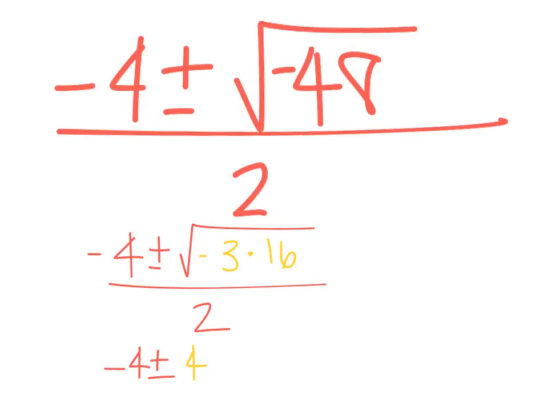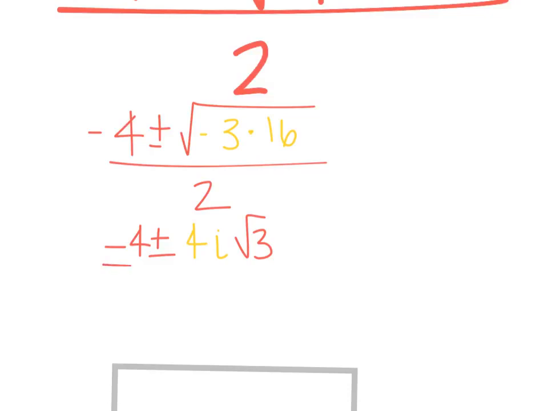And what happens if I have a negative inside? What does that mean? I square root 3 all over 2. Now can I reduce? Why?